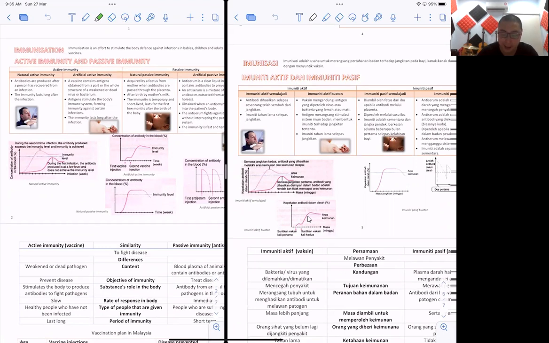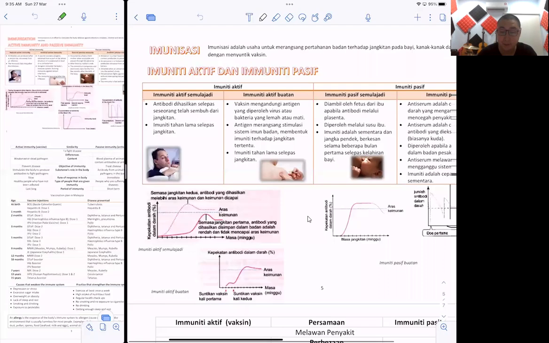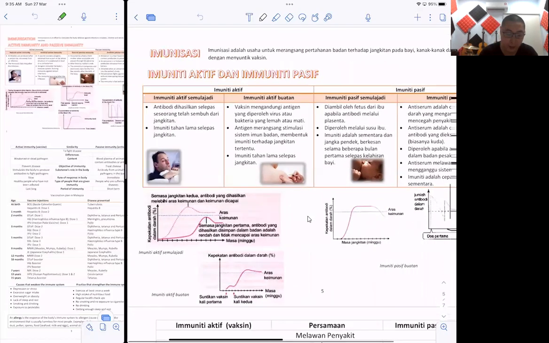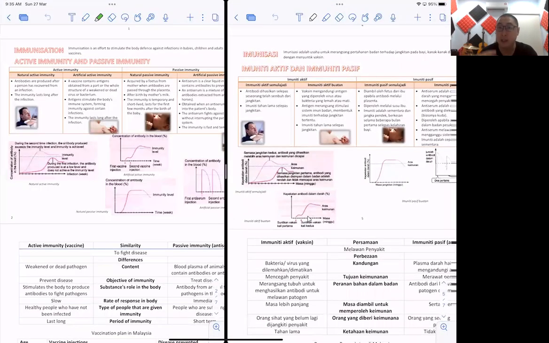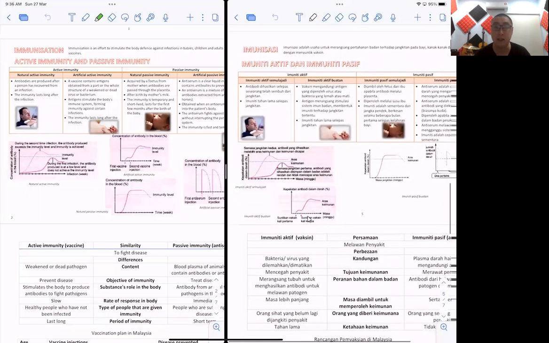So you will see exactly like this. During the class, I will put it side by side like this, and I will use English to explain the content, while at the same time I can explain the keywords required for the BM version as well. All right, so let's jump right into this topic, immunization.